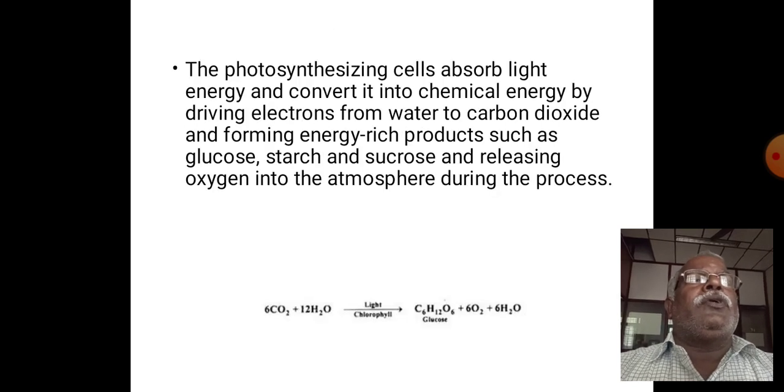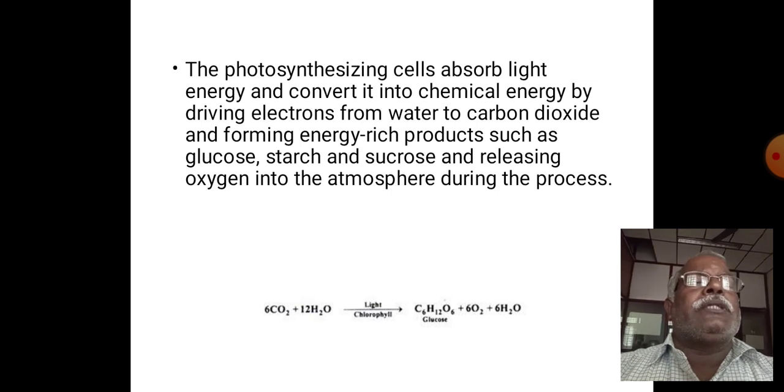In photosynthesis, the absorbed light energy is converted into chemical energy. The electrons are derived from water up to carbon dioxide to form glucose, starch and sucrose. Finally, it releases oxygen.